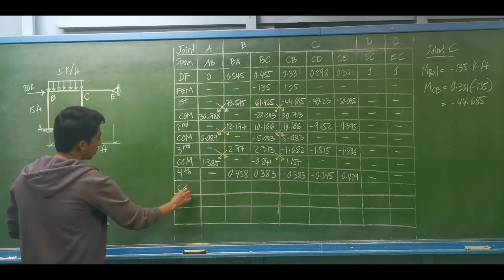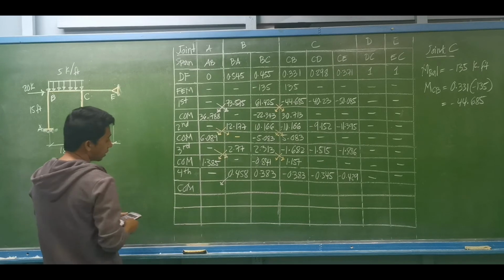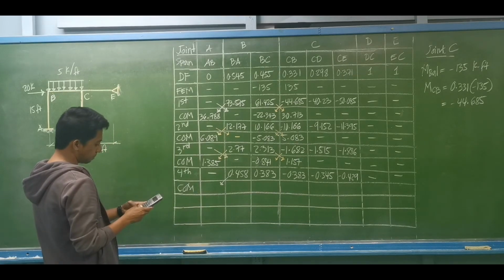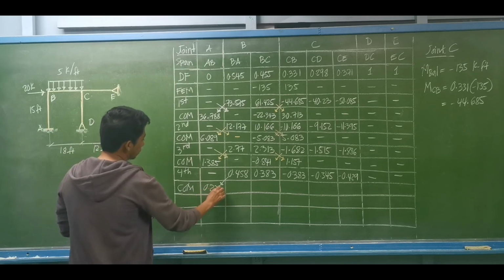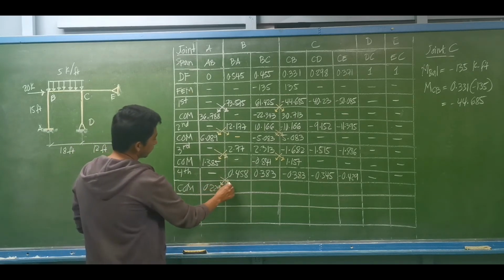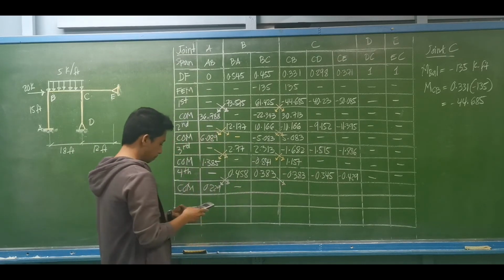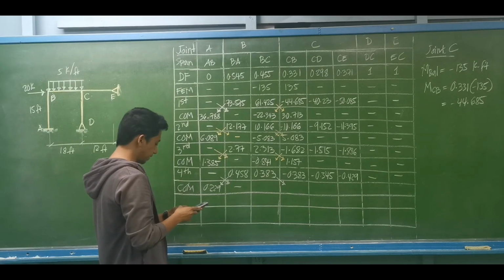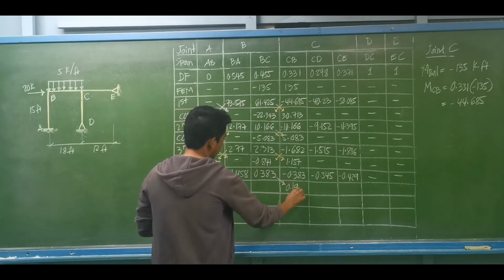And we have our carryover moment. So we have to transfer 1/2 to this side. 0.458 times 0.5 is 0.229. Then this is 0. And we have 0.383 times 0.5, that is 0.192.